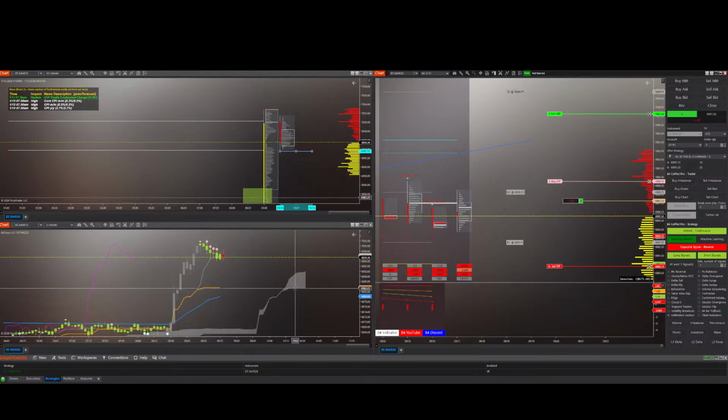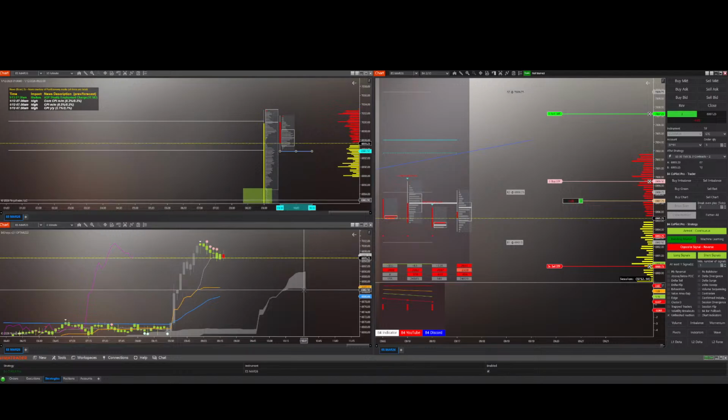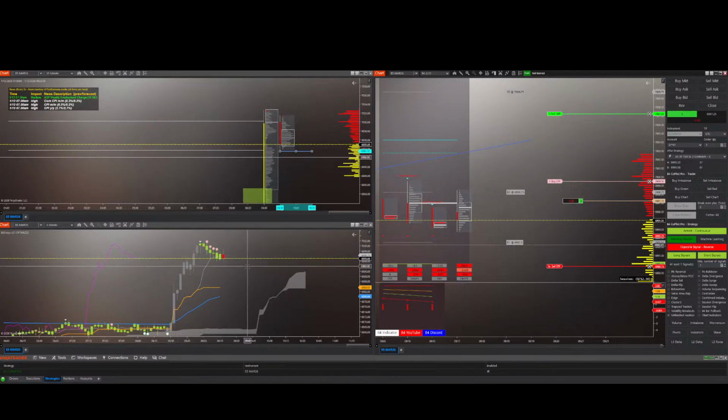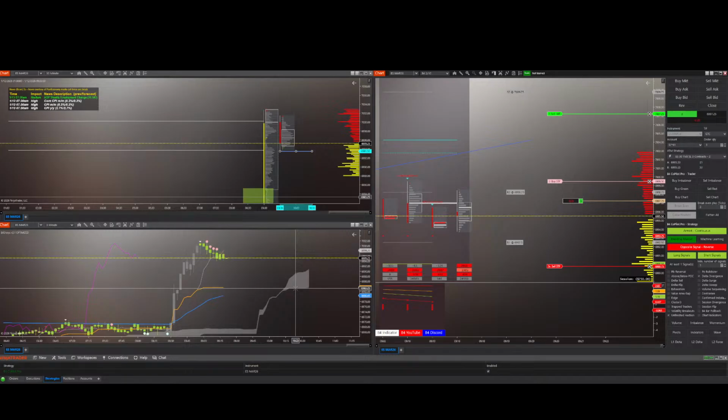The longer the Senkou Span B right here stays flat, same thing. Price is likely to draw to it. Whenever they're flat, think of them as magnets.